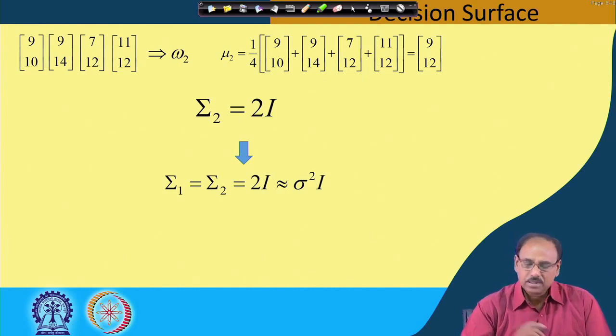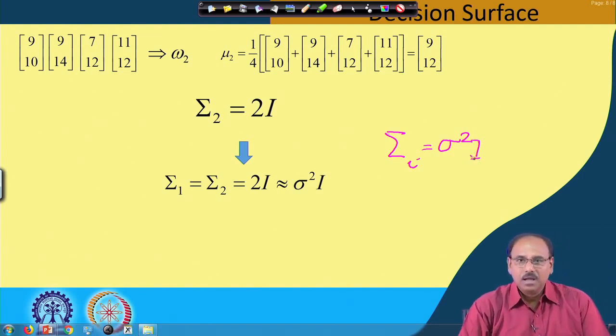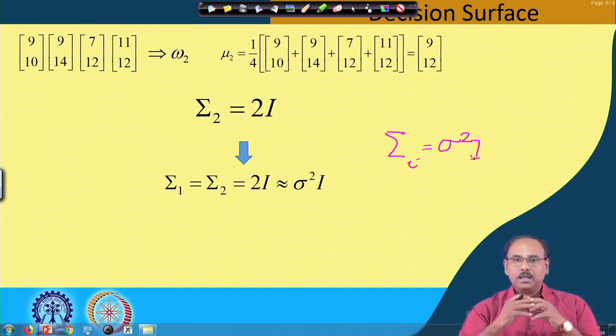So, this is a case where, as we said earlier, sigma i is equal to sigma squared I. It is the same condition under which we have seen that the discriminant functions will be linear, and not only that, the decision boundary between the two classes omega i and omega j will also be linear.